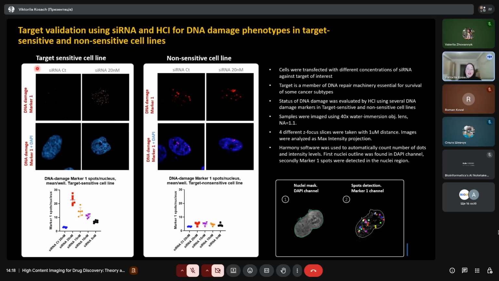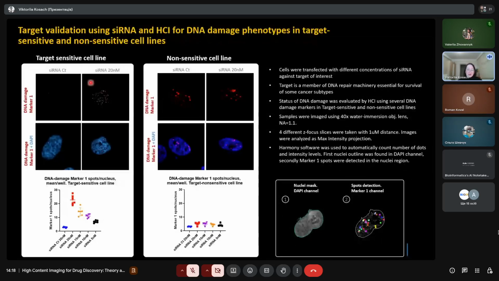So we used siRNA in different concentrations to lower the expression level of the target and to see if there will still be DNA damage in the cells.